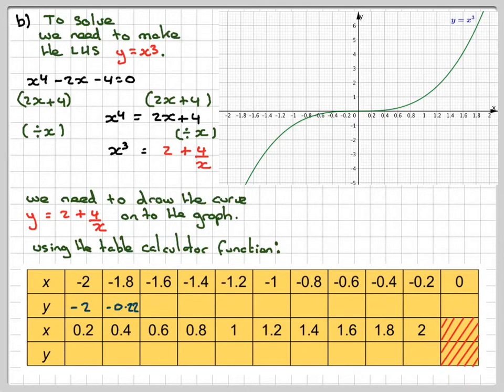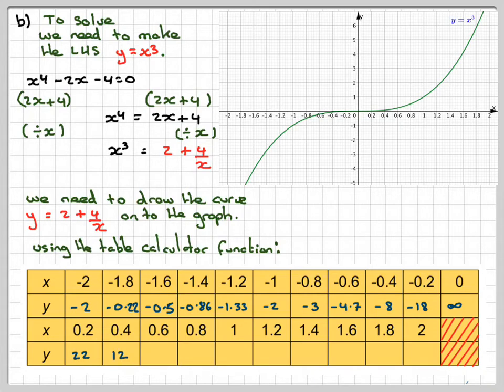Putting in the values: minus 0.22, minus 0.5, minus 0.86, minus 0.33, minus 2, minus 3, minus 4.7, minus 8, minus 18.